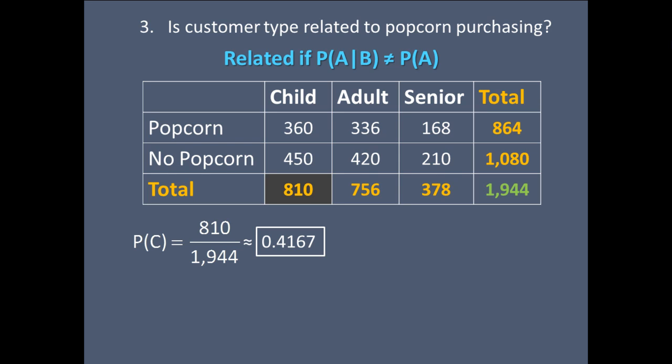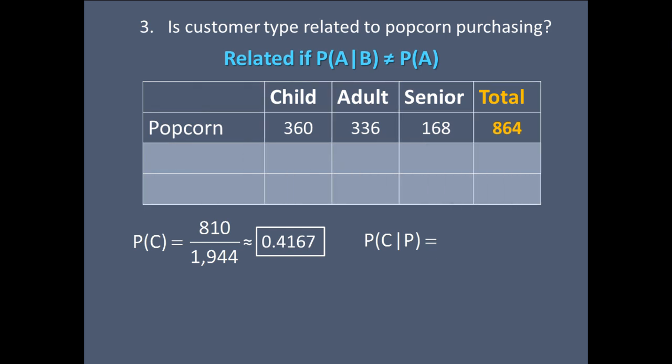So now that I've considered event A to be a child, I need to check the probability of a child either given popcorn or the probability of a child given no popcorn. So if I check the probability of child given popcorn, as soon as we put that condition on it, now we don't care about anything other than that popcorn row. So from that popcorn row, we see there were 360 children out of the 864 that purchased popcorn. So we had a probability for event C being 0.4167.